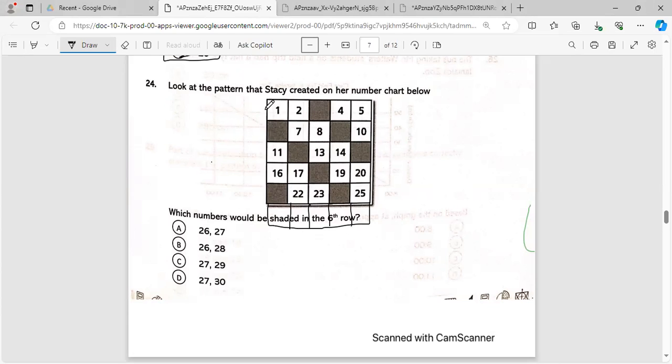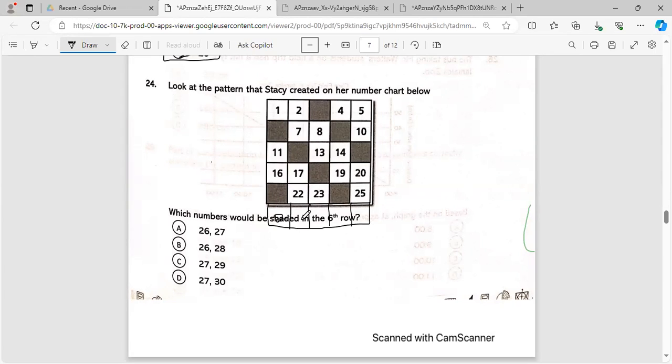So look at this. 1, 2 block. 1, 2 block. 1, 2 block. You see, it continues. Then you have 1. Wouldn't this be 2?